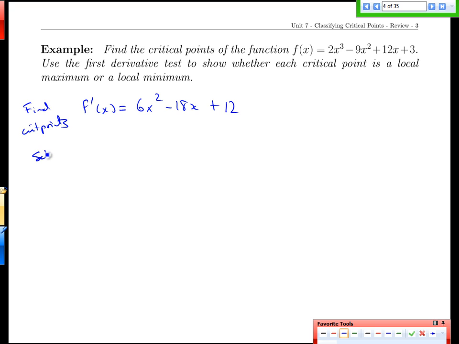And we're going to set that equal to 0, and we note f prime is defined everywhere. Under those conditions, we don't need to worry about critical points which are cusps. We only need to worry about critical points where the derivative is 0. So we'll set our derivative equal to 0 and solve for x.